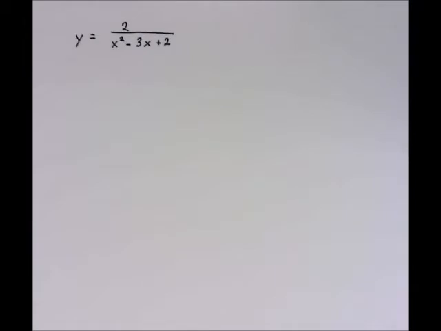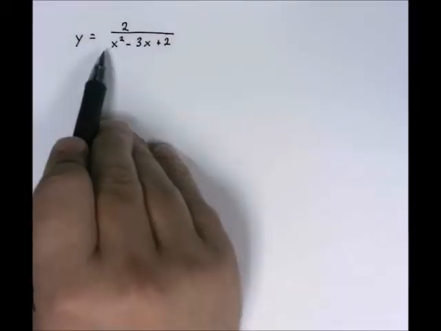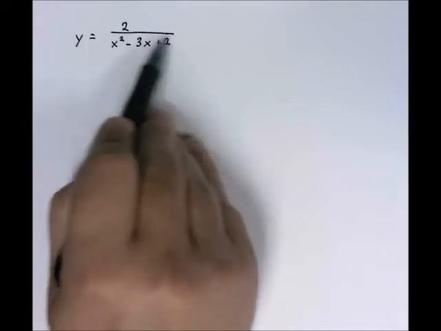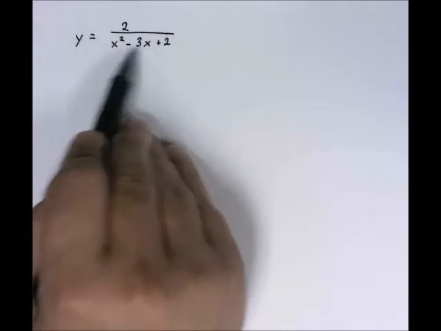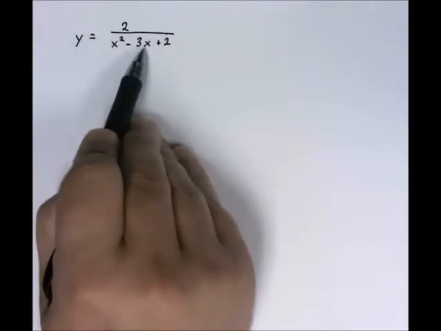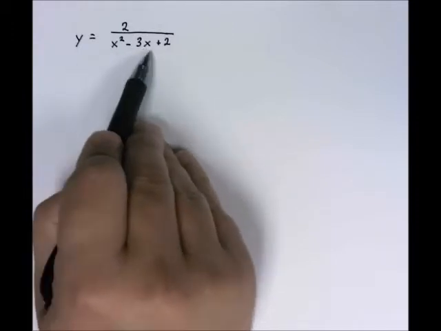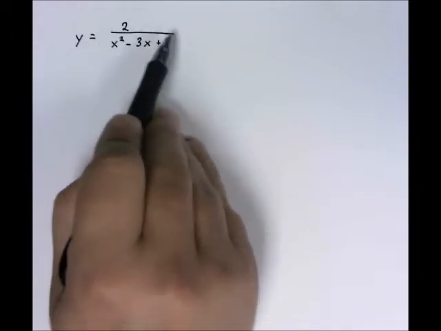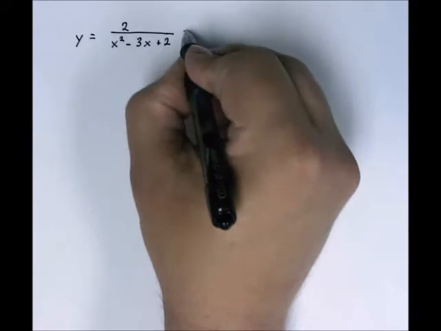Now let's try a slightly harder version of this. And you're going to be getting quite a bit of these, so you need to get used to factoring. First thing we're going to do when we see something like this is we know we have variables in the denominator, and I need to know where this equation in the denominator is 0. So the first thing I'm going to do for that is factor.